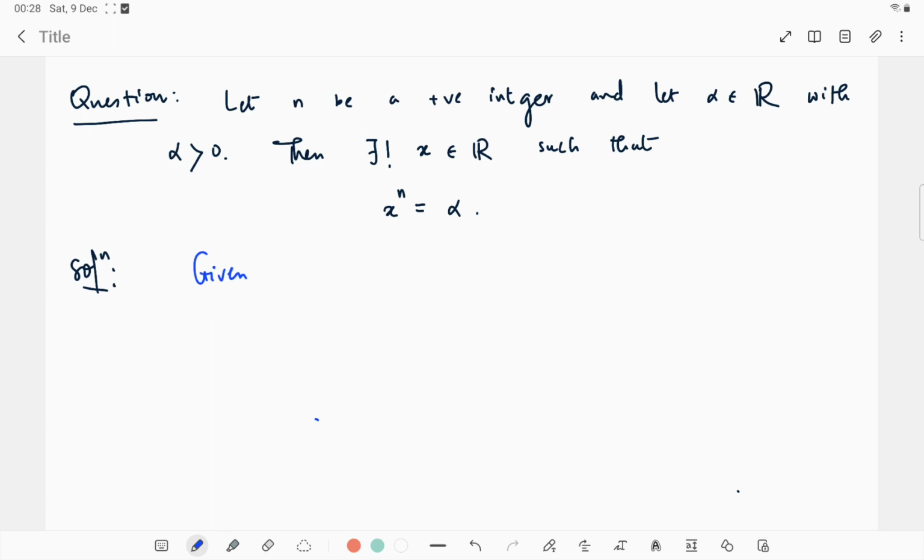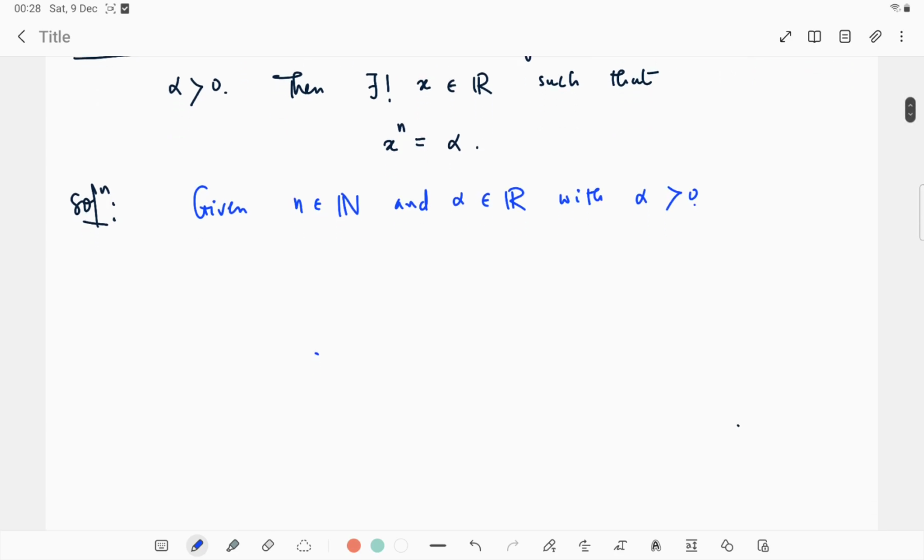Given n inside N and alpha a positive real number, we have to find an x inside R such that its nth power is equal to alpha.